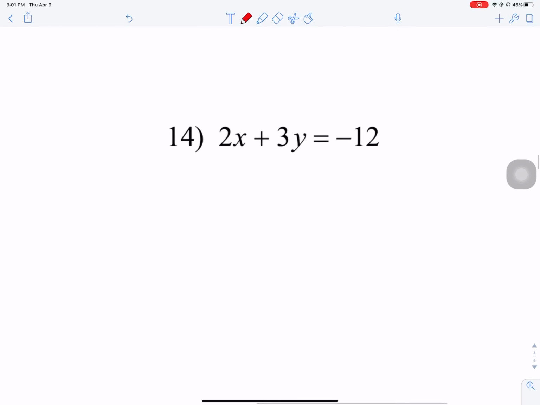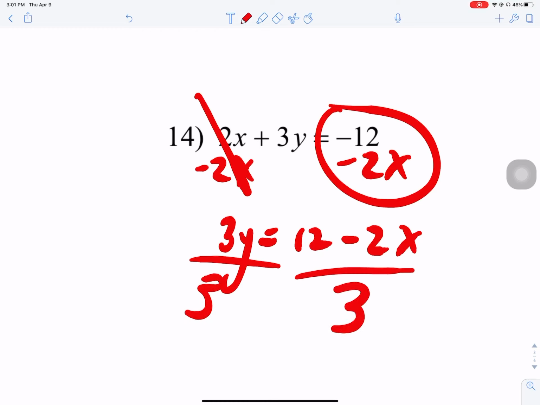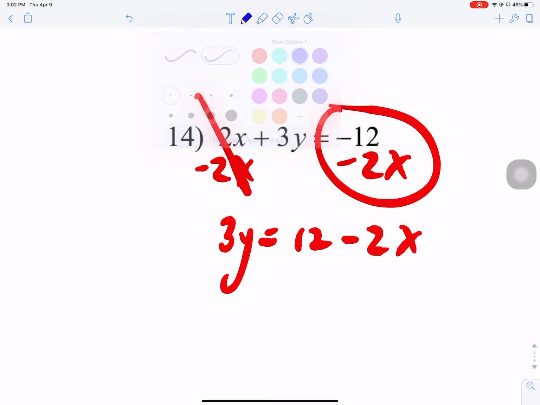And this one, we're going to move this negative 2x first. Those go bye-bye. But these do not talk to each other, so we're just going to stick them next to each other. And then lastly, we're going to divide this side by 3 and this side by 3. Both sides are getting divided by 3.